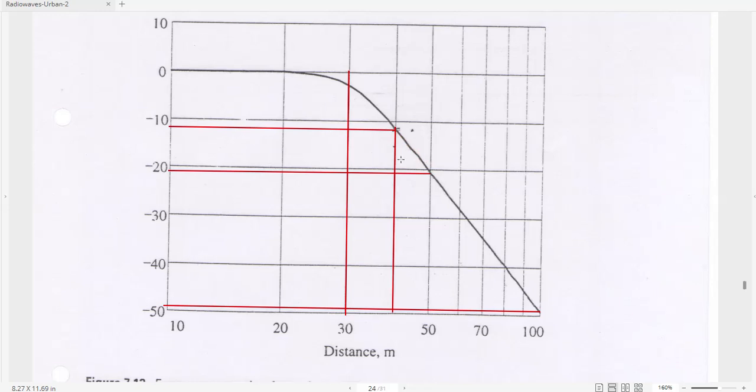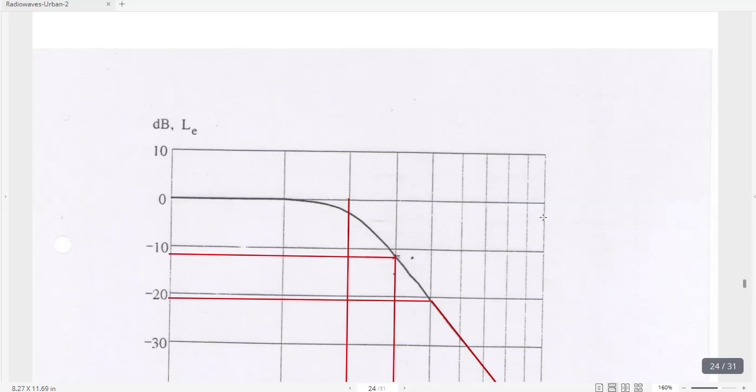After 50 meter the curve is linear, and we can use this formula here.